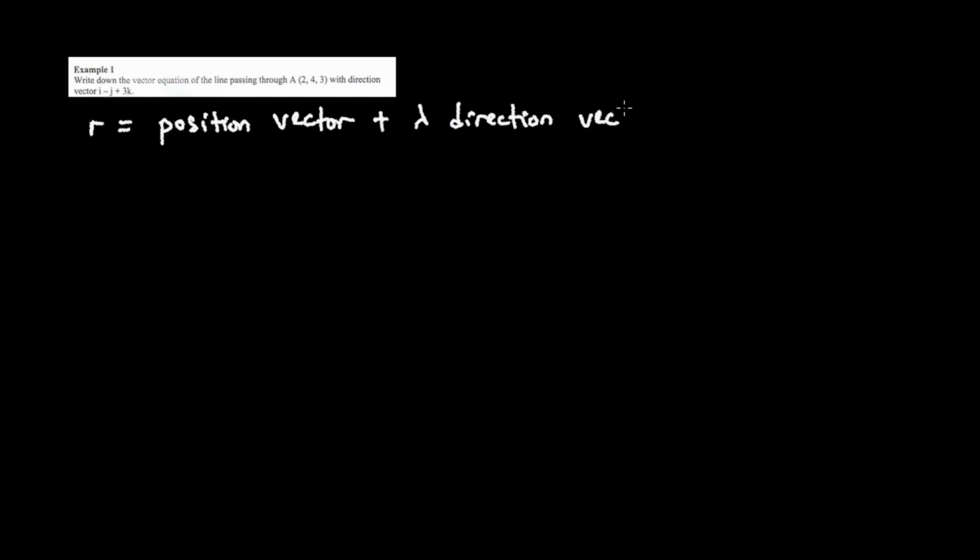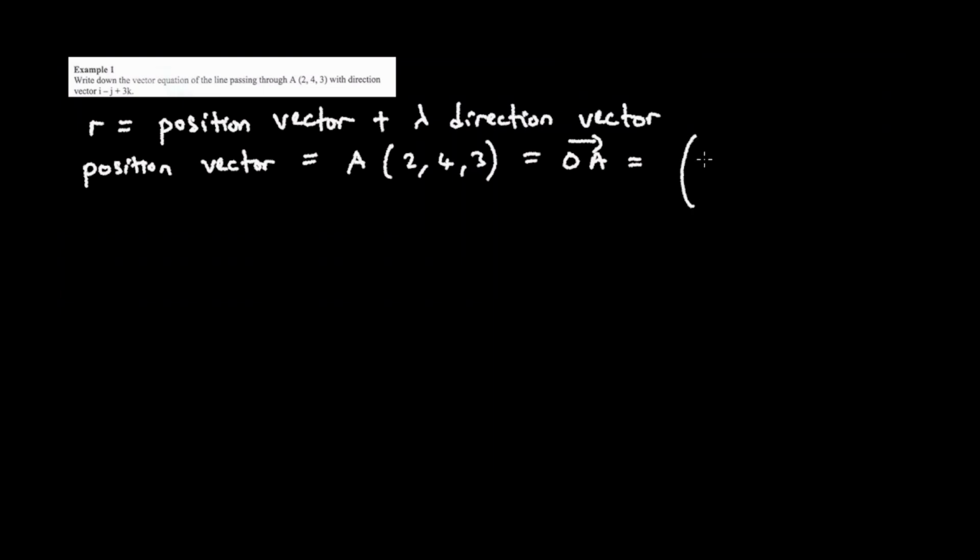And then position vector is the vector which comes after passes through. Saka position vector is equal to a (2, 4, 3), which will be OA being equal to, in column form, (2, 4, 3).